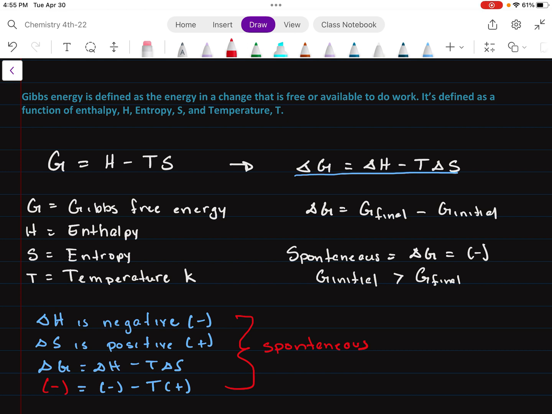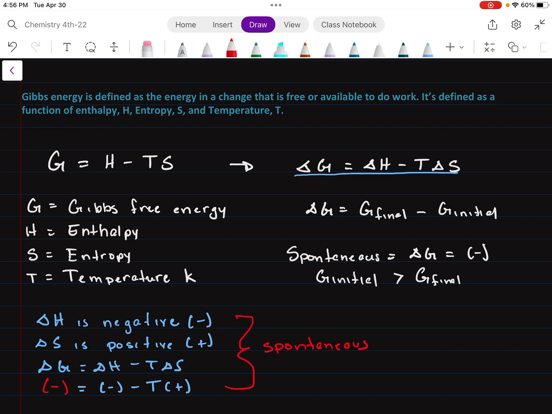Now, remember that entropy is the increase in disorder, and enthalpy is either the energy absorbed or released, right? So think about it like that. If delta H is releasing energy, because that's where it's negative, that means that it is exothermic. So energy is leaving the system.